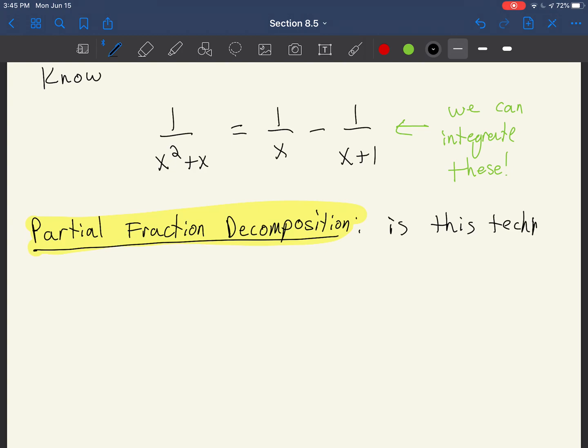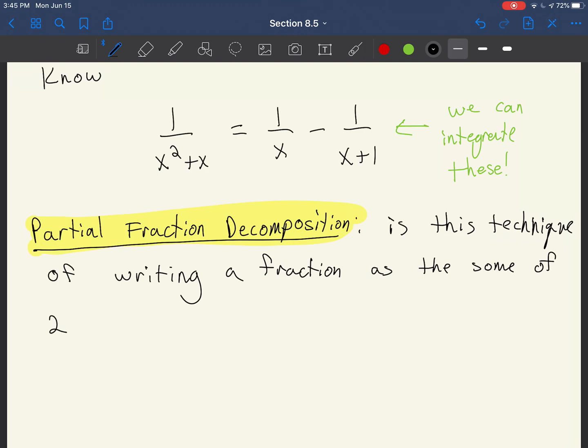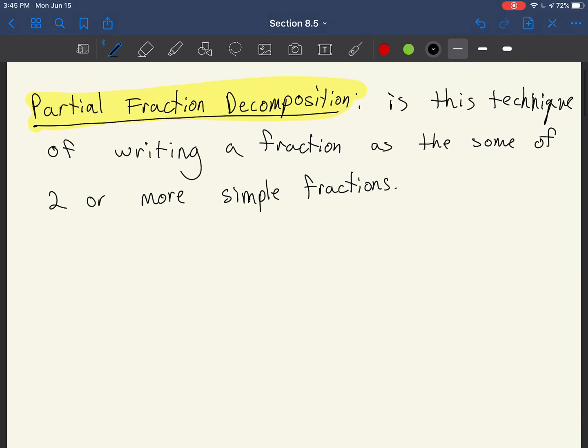So partial fraction decomposition is this technique of writing a fraction as a sum of two or more simpler fractions. You want to make it easier. You don't want to make it harder for yourself.